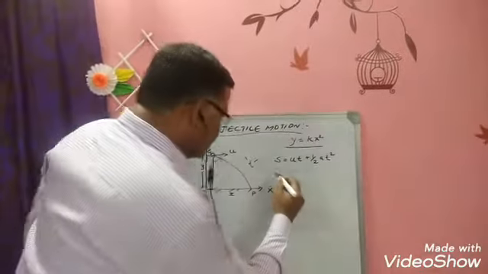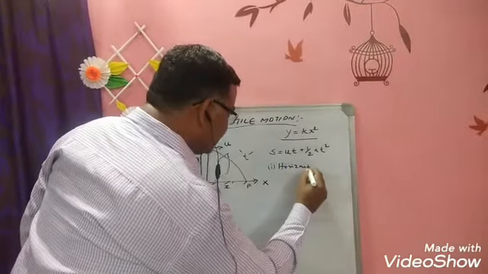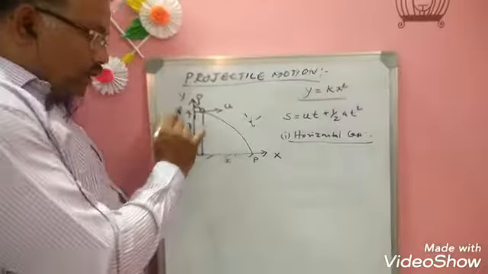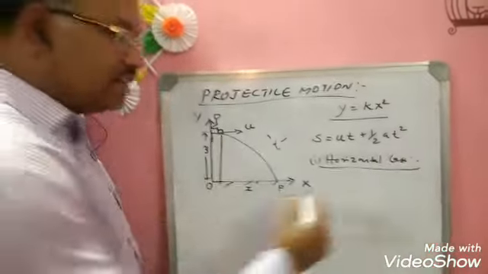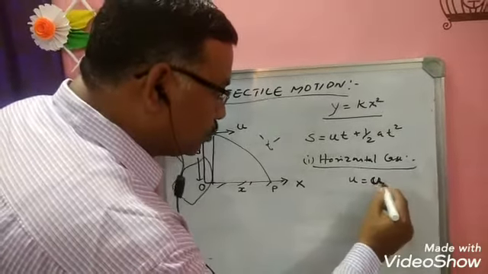By considering two cases. Number one, the horizontal case. What is the equation when considering the horizontal case? Listen here. You are throwing the body with an initial velocity u.